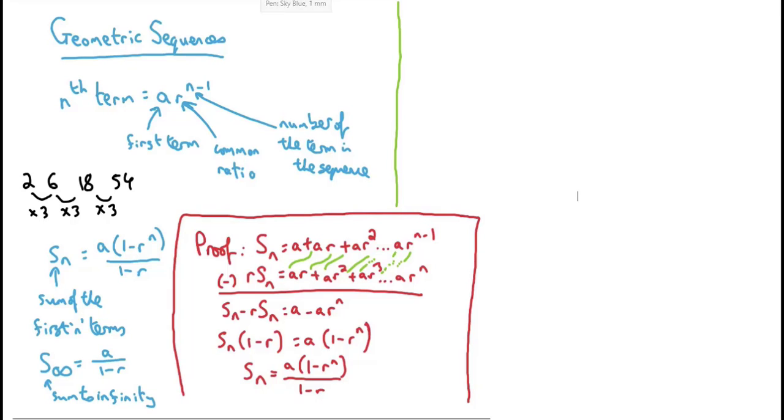Now, if we're okay with this, let's have a go at a question of your own. What if we were to say that the first term of a geometric sequence is 20, and that the common ratio is 7/8.